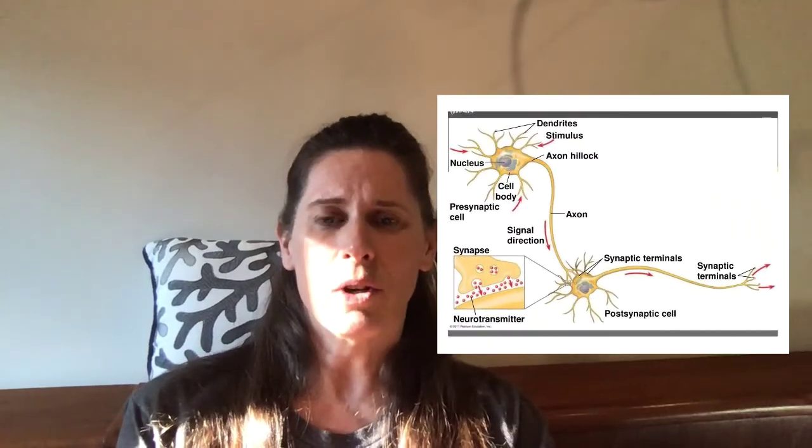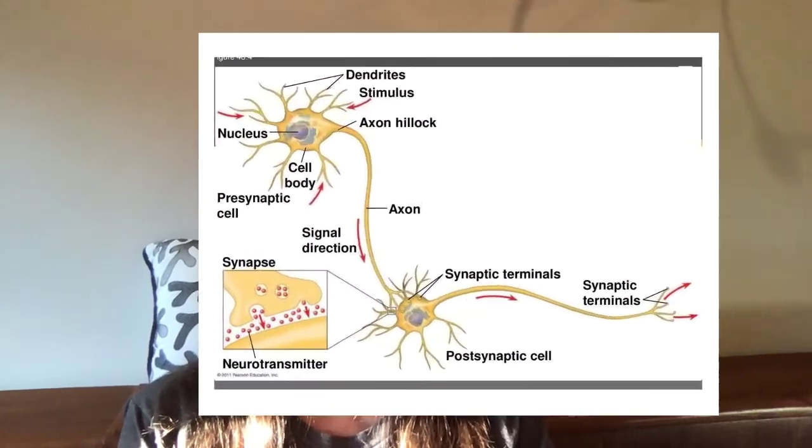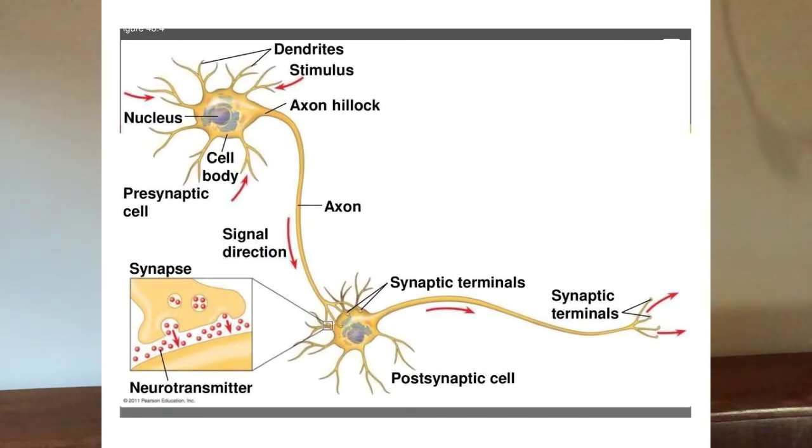Okay. So here's another picture showing the presynaptic and postsynaptic cell. Now you can see the region where the synaptic terminals from the presynaptic cell are coming toward either the dendrite or the cell body of the postsynaptic cell. If you look down on the left side there in the box, you can see that box highlighted and blown up for you.